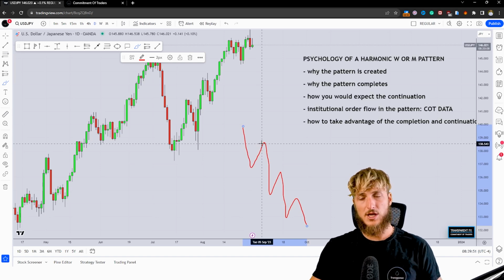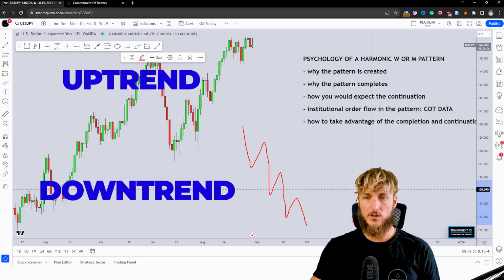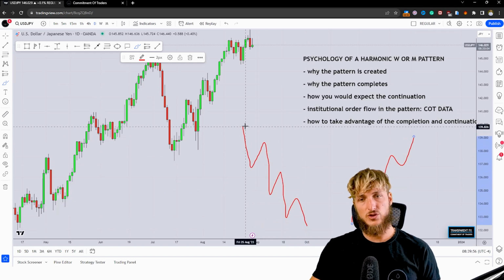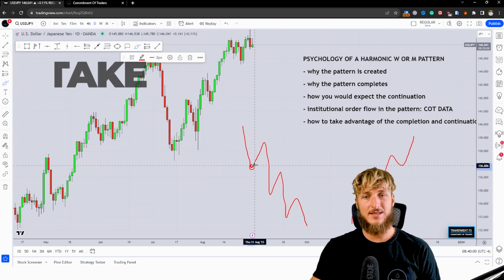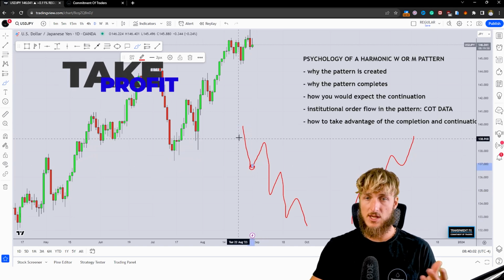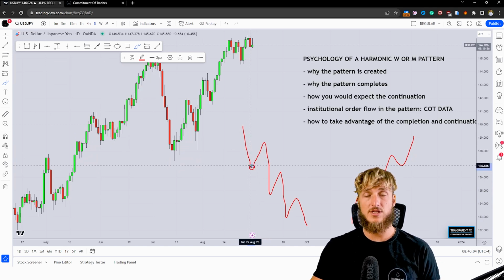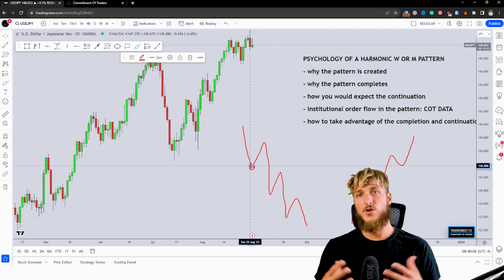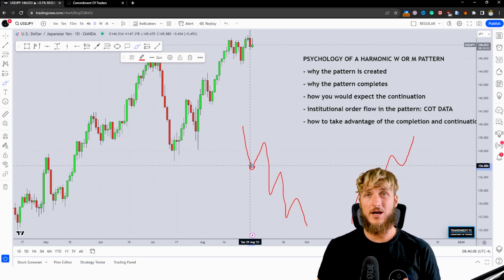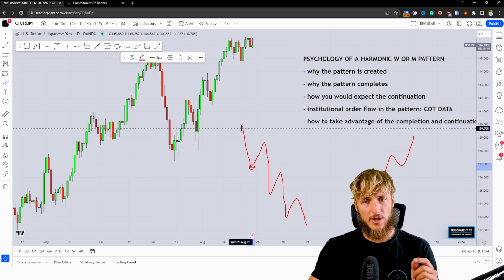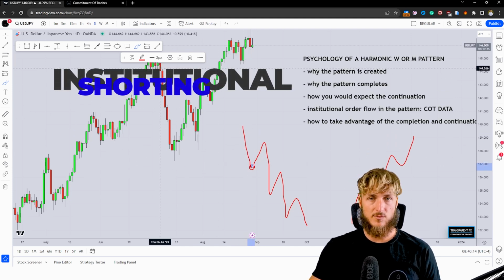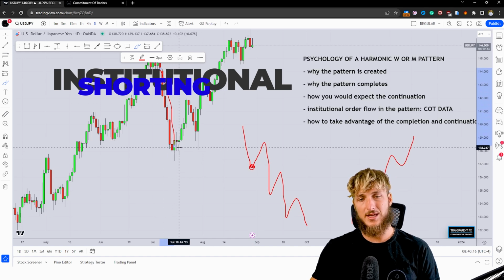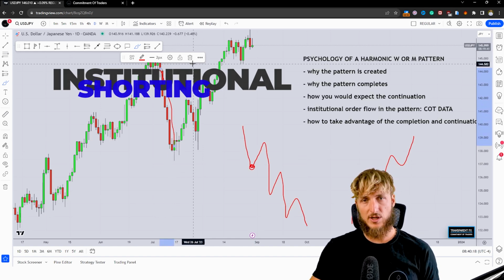So the whole psychology of a downtrend or of an uptrend is essentially that here sellers are in control. Then sellers start taking profits on their shorts because the market has created a move to the downside. And usually the real players that actually move the market are institutions, right? So clearly institutions, if you're getting a move to the downside, like for example this one here, were shorting this market.